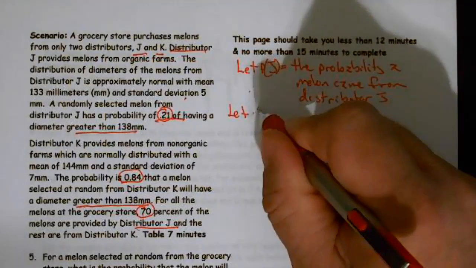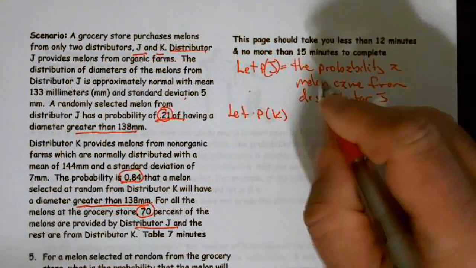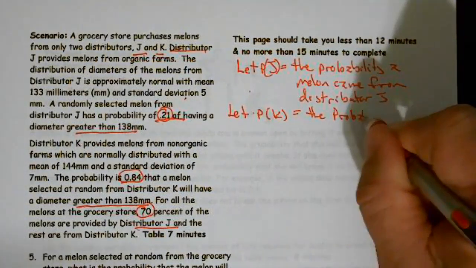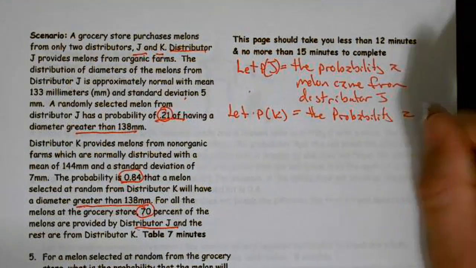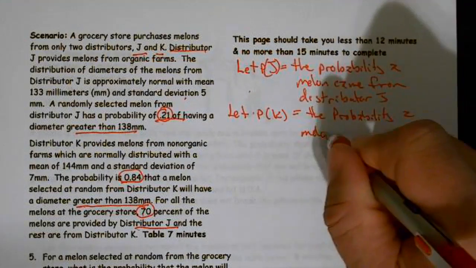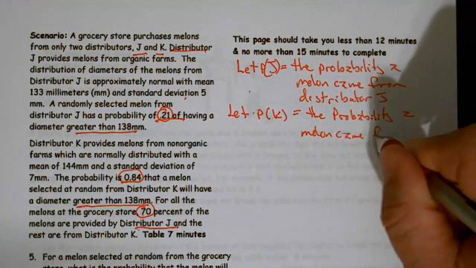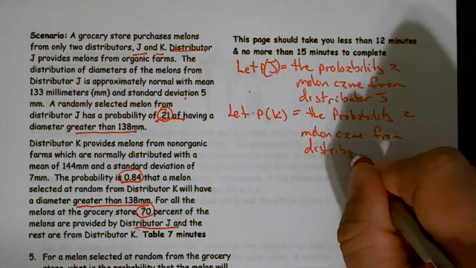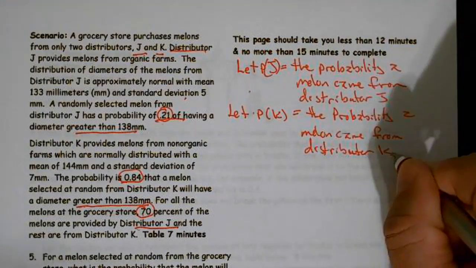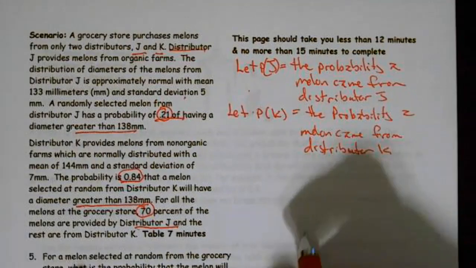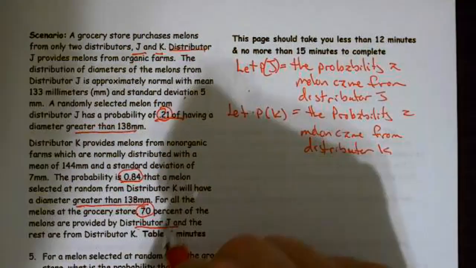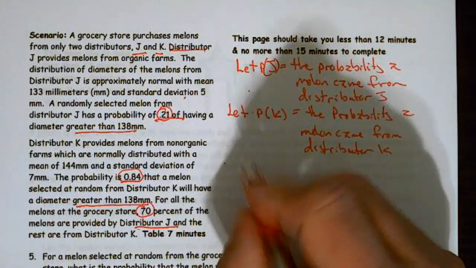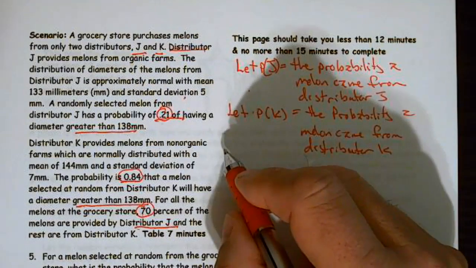Let PK equal the probability a melon came from distributor K. And then we have the melon sizes, which are greater than 138 and less than 138.